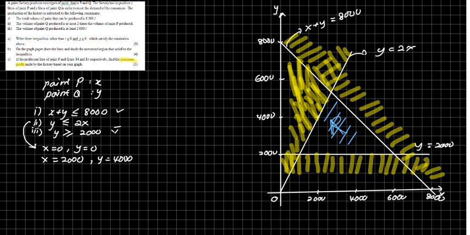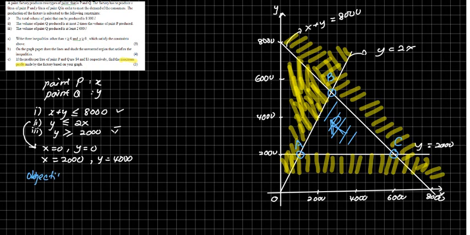You see you have 3 points at the corners of this triangle. Let's label them A, B, and C. Remember, here you need to find the profit, so the objective is to find the profit.